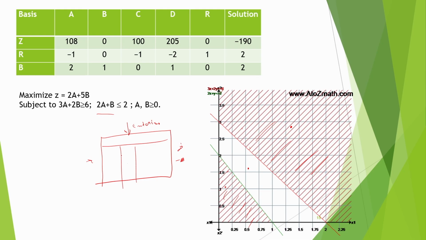So if you ever encounter a table, even if there is some variable which can possibly be entering, suppose x1 is there and x2 is there. Let us say x1's coefficient is minus 3 and x2's coefficient is minus 5. So x1 can be the entering variable, because it is the greatest negative coefficient in a maximization problem.